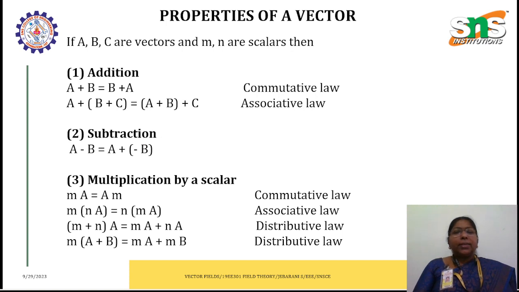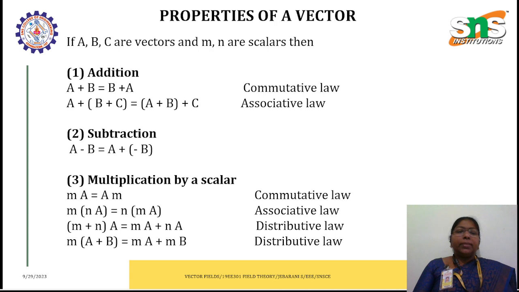If you take up the properties of vectors, consider three vectors A, B, C, and scalars M and N. Then we can prove that vectors obey certain laws. If we go with the addition of vectors, the addition obeys the commutative law and the associative law.